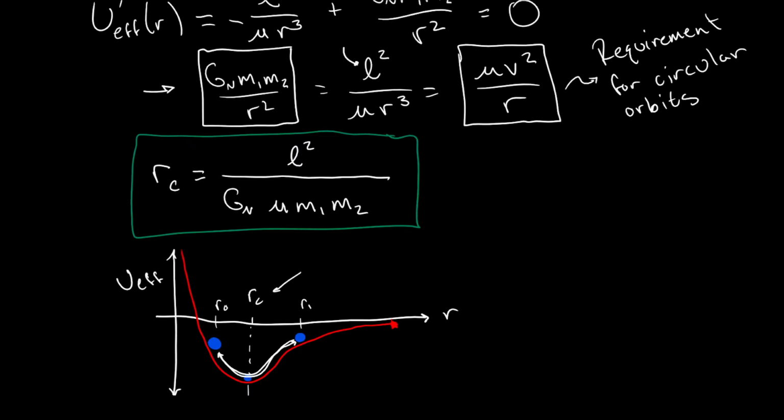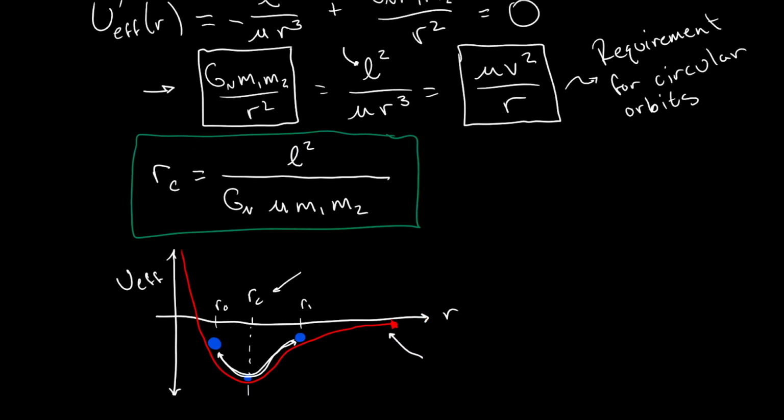But we can see that's not always gonna be the case. In particular, we know that as R goes to infinity, the effective potential goes to 0. And this is never going to cross back, so this red plot will never cross back over the 0 axis. So I'm not going to end up with anything like this or anything wild like that.